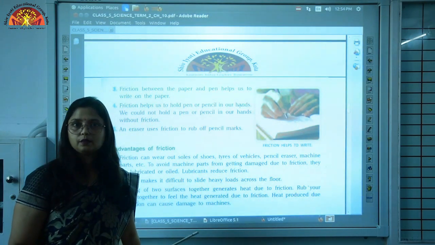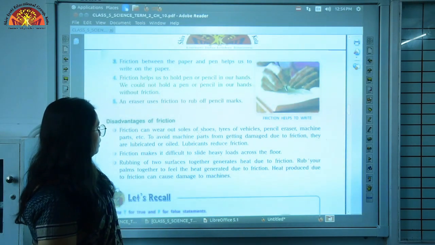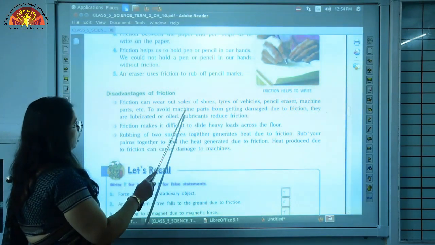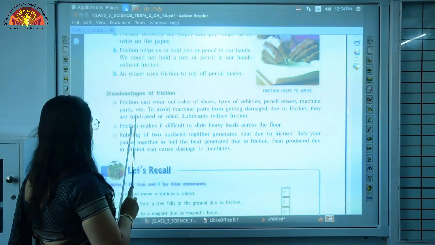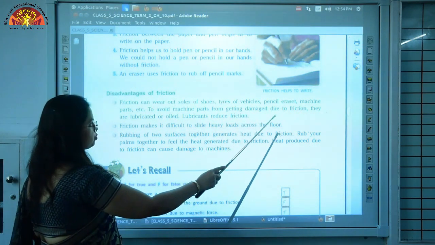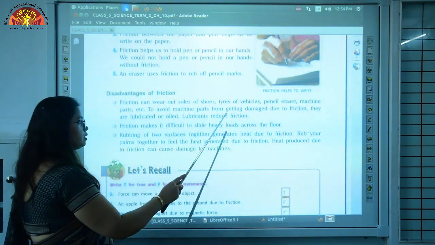Children, there are some disadvantages of frictional force. Let us see what these disadvantages are. Friction can wear out soles of shoes, tires of vehicles, pencil eraser, machine parts, etc. To avoid machine parts from getting damaged due to friction, they are lubricated or oiled. Lubricants reduce friction.